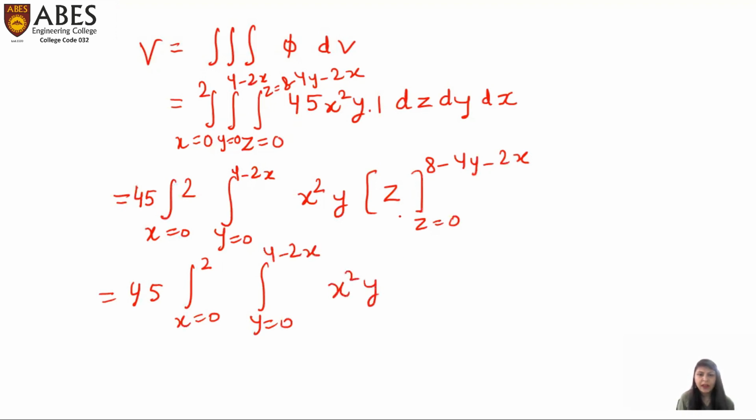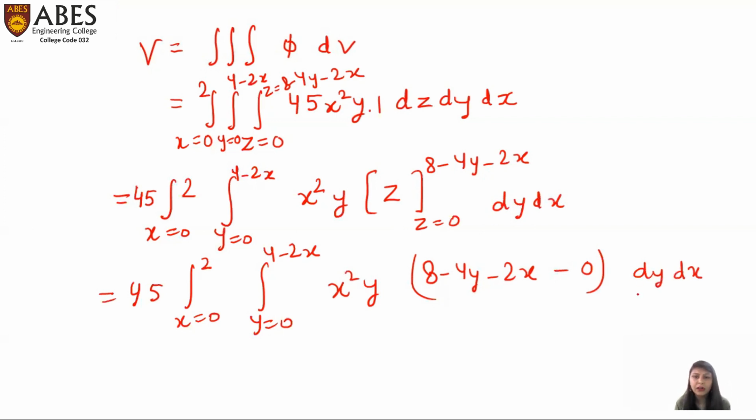First, we have to simplify this. The upper limit of z is 8 minus 4y minus 2x, and the lower limit is 0. This will be dy dx. The whole function will come into the variables x and y: 45, x equals 0 to 2, y equals 0 to 4 minus 2x.